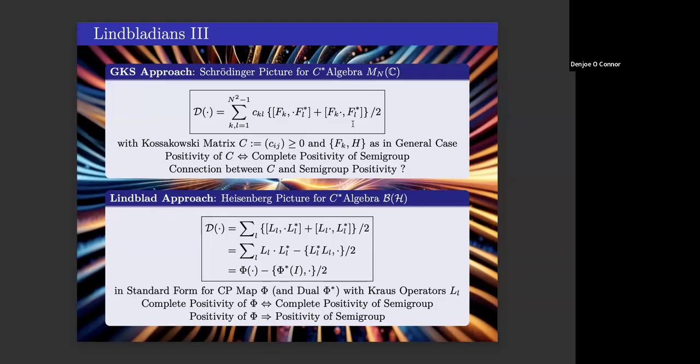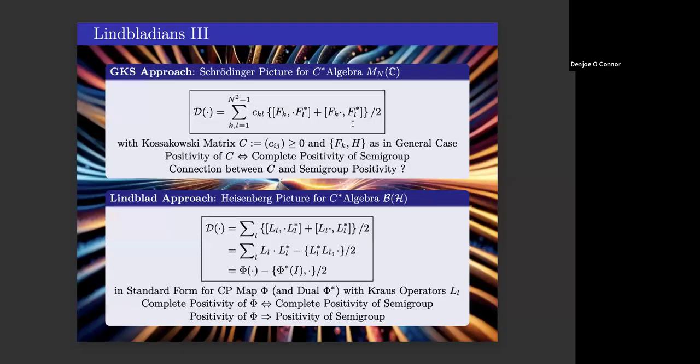You could diagonalize this Kossakowski matrix C, and then you get the eigenvalues on the diagonal, right? And so you have the spectrum, and you can incorporate those values in those operators. You just redefine those Fs, make them into Ls, and then you get the diagonal form of a dissipator, and that's the standard form that you use. That is now called the Lindblad form.